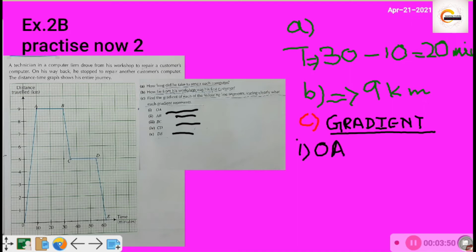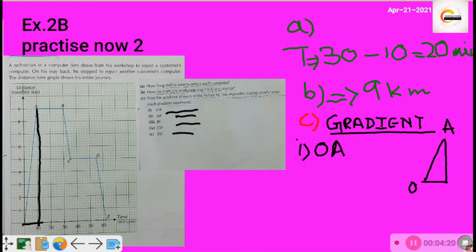I have explained before that for gradient we have to drop a right angle triangle, and then calculate rise over run, or we can say vertical change upon horizontal change, right? Let's do it roughly separately.